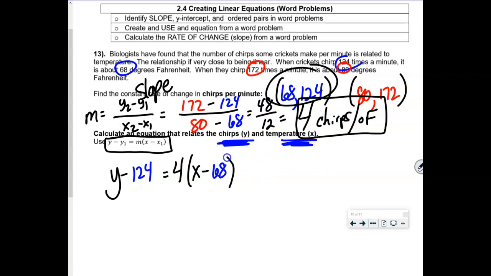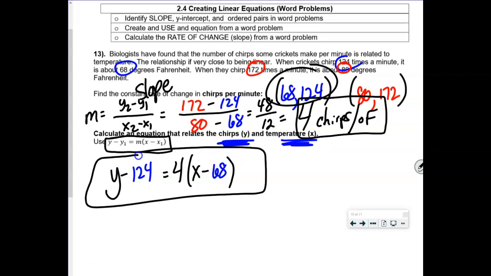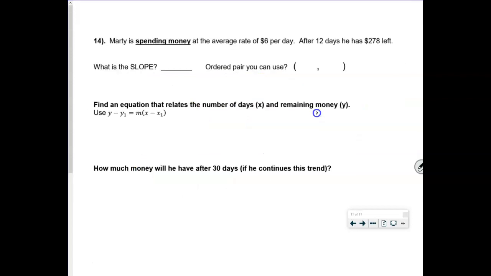And all they wanted you to do was find the equation. So you can stop right there. There's no follow-up question to that one, so I would just stop and walk away from it. If you use the other ordered pair, you're still right. Don't back up yet. I got one more. It's a good one. It's the best one on the whole test, y'all.